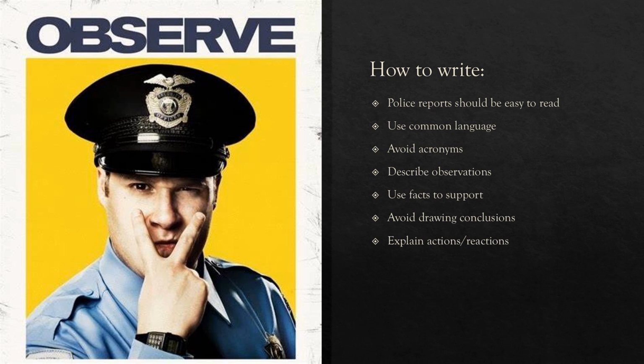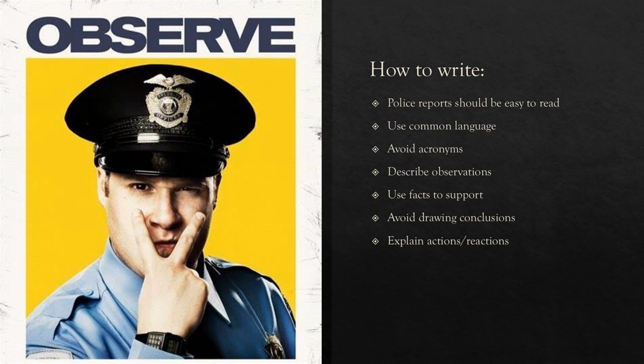It shouldn't lead the reader to a series of conclusions or inferences. Instead, it should just list the facts, and those facts should allow the reader to come to recommendations for potential criminal charges. It also should explain what the police officer's actions or reactions or thought process was during the contact.